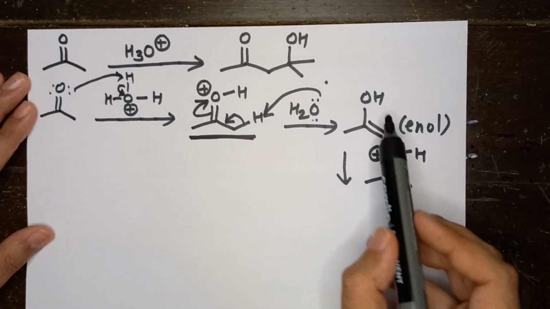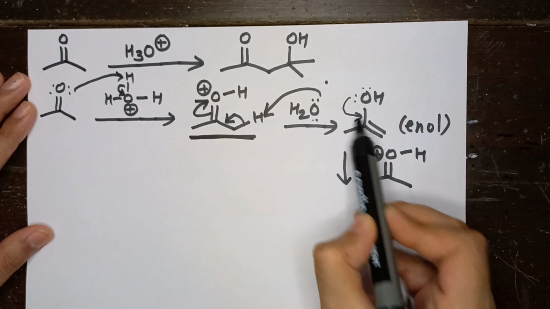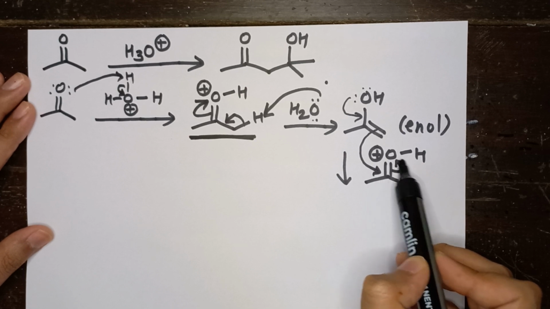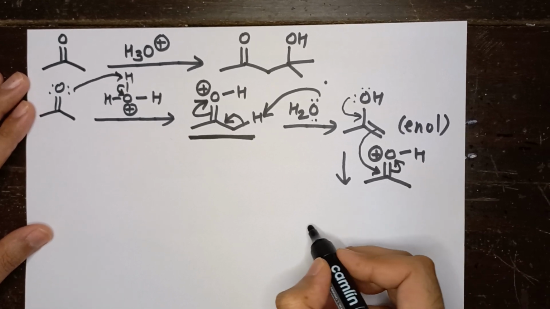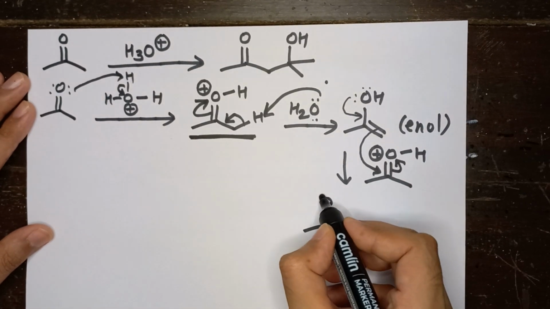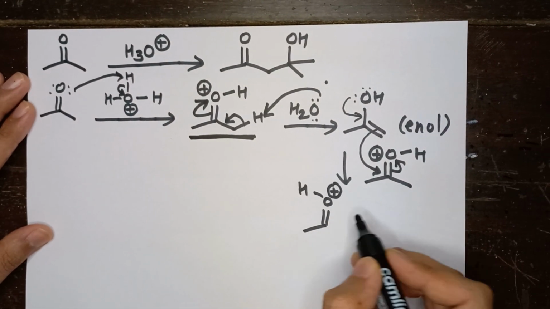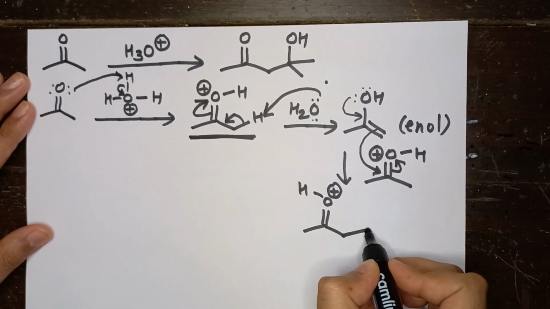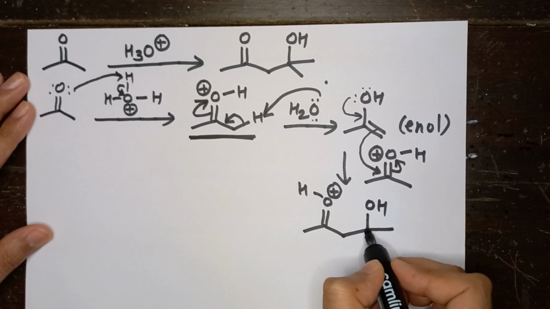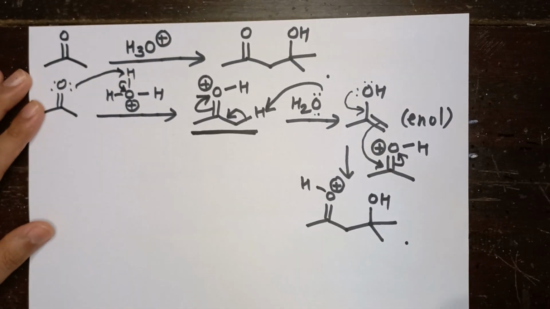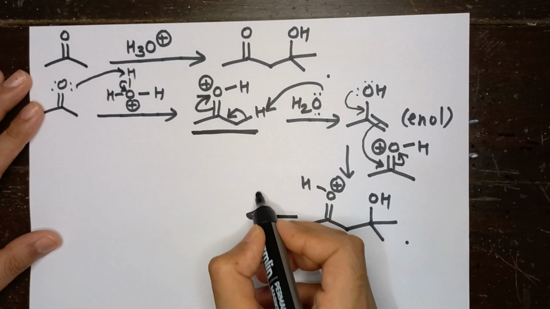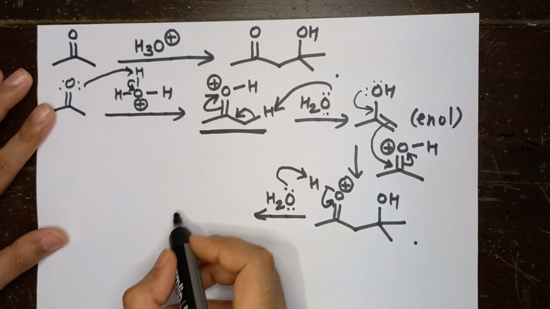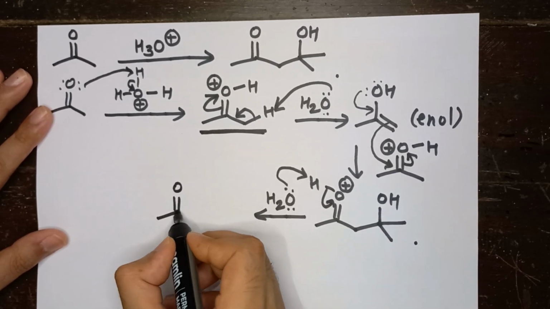At this point, this oxygen will reform a double bond, and this double bond will attack at this carbonyl carbon, opening up this bond. We are connecting this carbon with this carbon. This carbon has two methyl groups and one OH. Now we have a water molecule that can act as a base, can neutralize this oxygen, and will give me the aldol addition product.